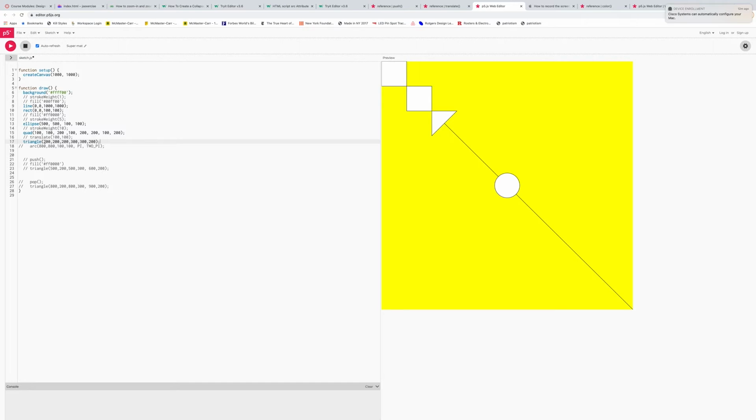So the first point of our triangle, again, is 200, 200. We're saying I want the beginning point of our triangle to be 200 pixels from the left, 200 pixels from the top.